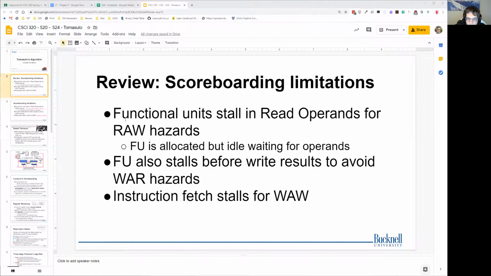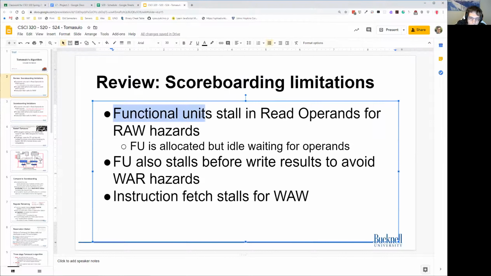What we remember is we have functional units, and in a scoreboard we have one central location that keeps track of what's happening to the functional units. Very often we are allocating instructions to functional units, but we end up waiting for the operands to get ready.